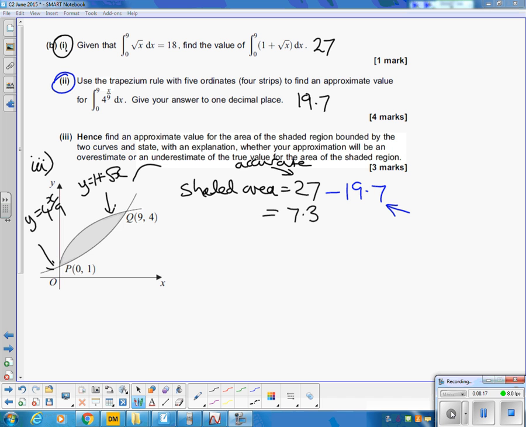So if we draw trapeziums, for example, on this curve, and then join them up, what would happen, you can't really see it very clearly here, is this curve is curving down, so it's going to curve under. So that means our 19.7 is an overestimate of the area.